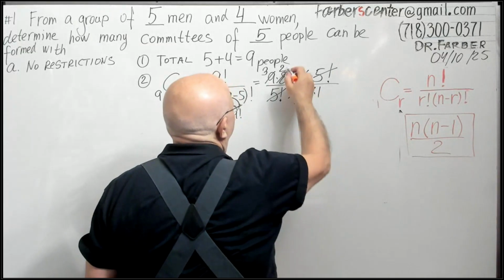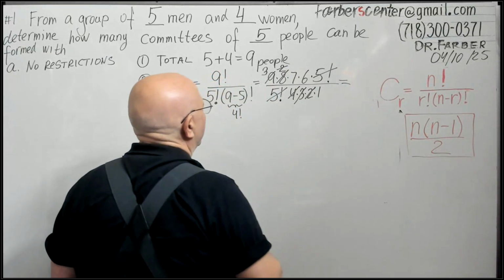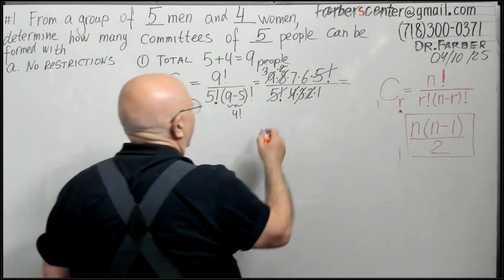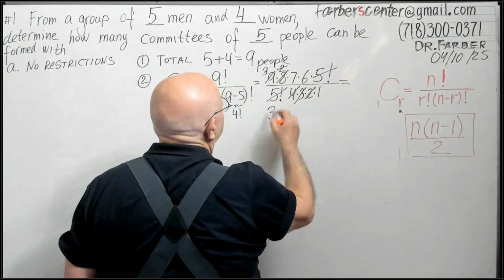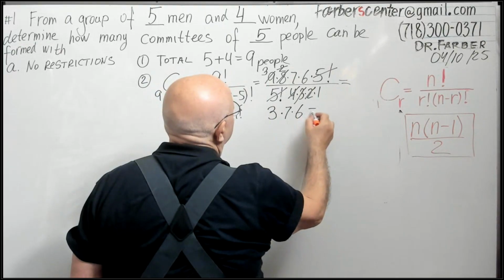And 2 cancel out. What is left? Left is 3 times 7 times 6.